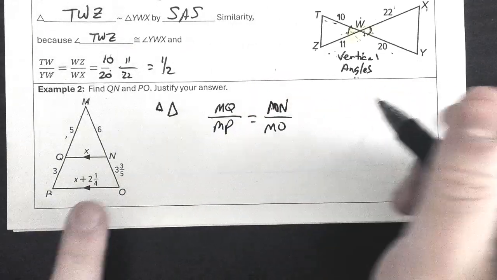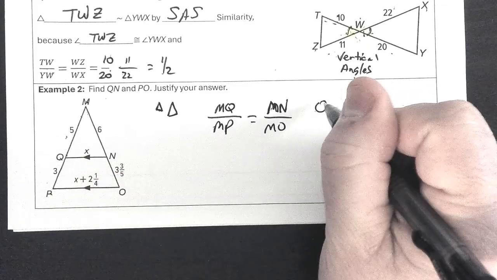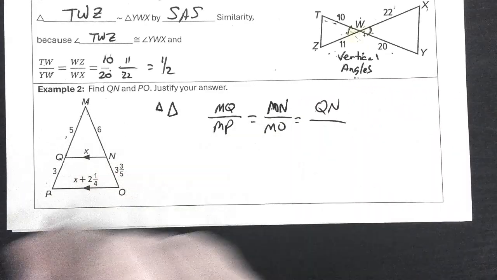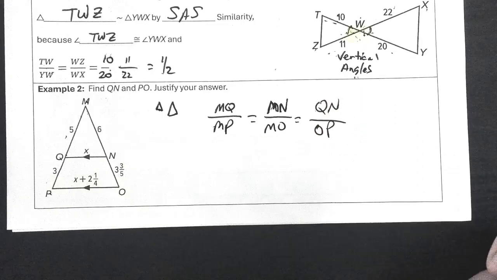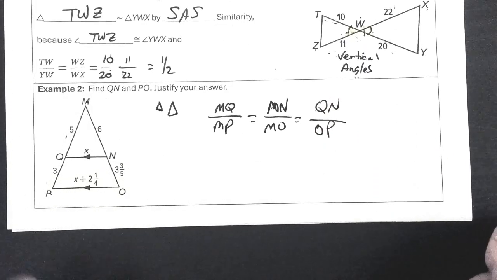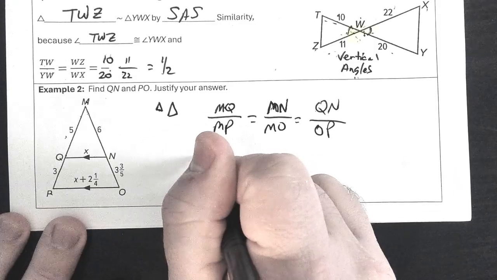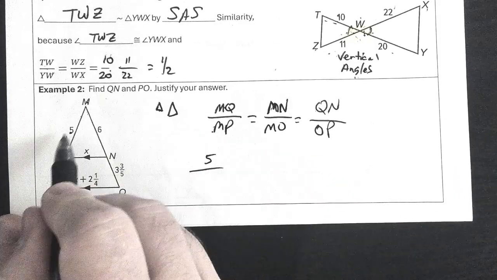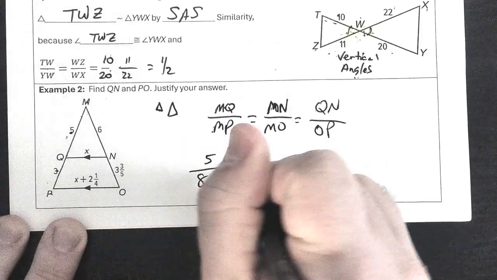And then you have QN to OP. These should all be in the same proportion. So 5 is MQ, and then MP is 5 plus 3, which is 8.